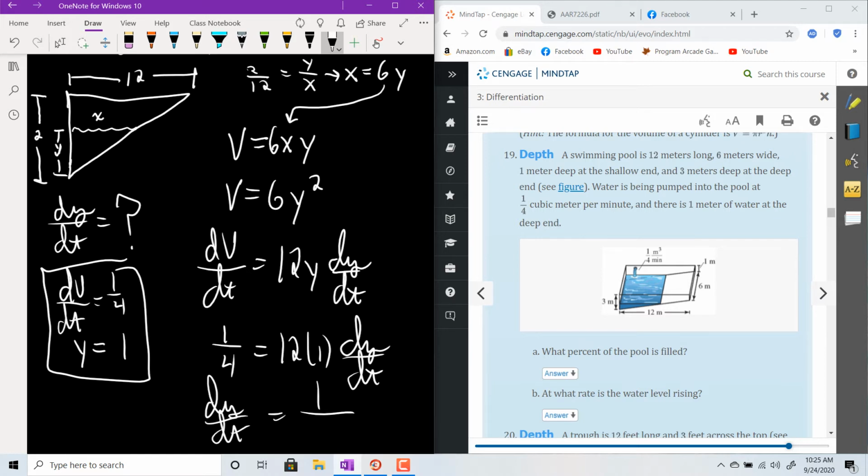this should be y squared, right? No, we took the derivative. So I'm thinking I screwed something up somewhere. It's 6 times 6 times y, sorry. So this should be 36 back here. And then this will be, sorry, this will be 72.